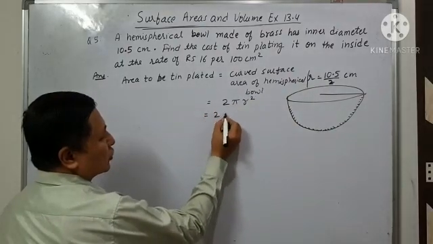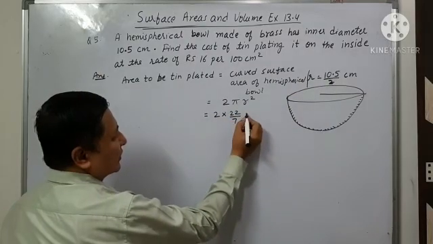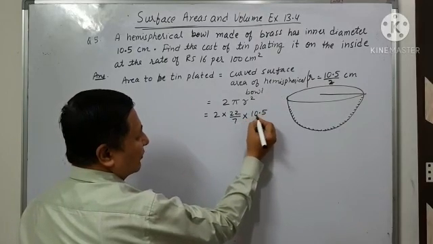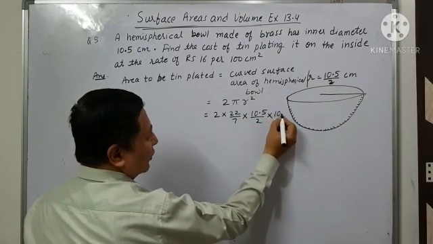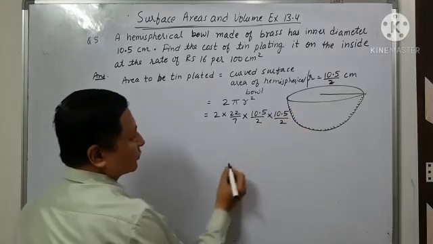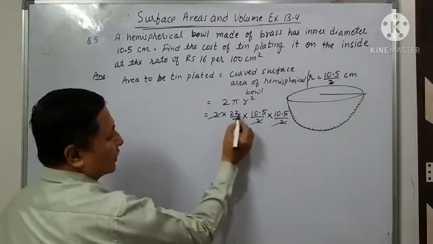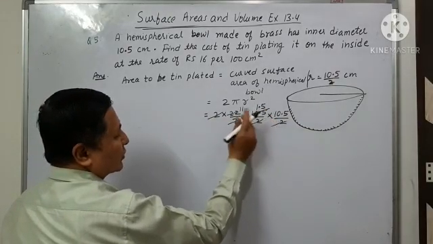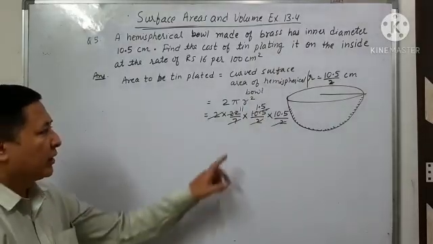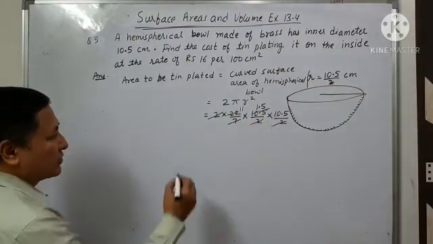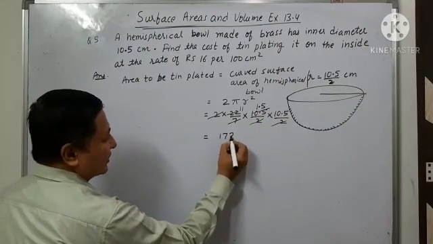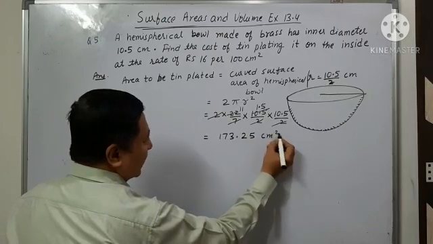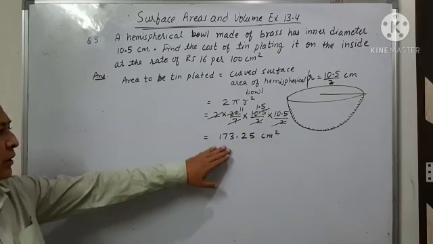So let us solve this. 2 into 22 upon 7 into r, that is 10.5 upon 2, 10.5 upon 2 into 10.5 upon 2. This will cancel. 2 sevens will cancel this. That will become 1.5. So 11 into 1.5 into 10.5, when we solve it, we will get 173.25 centimeter square. So this is the area to be tin plated.